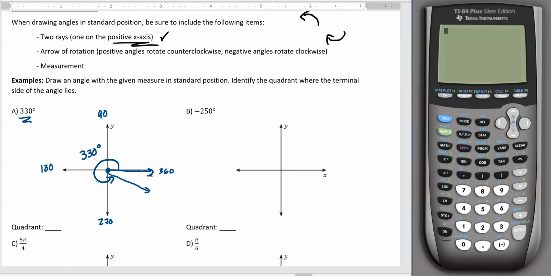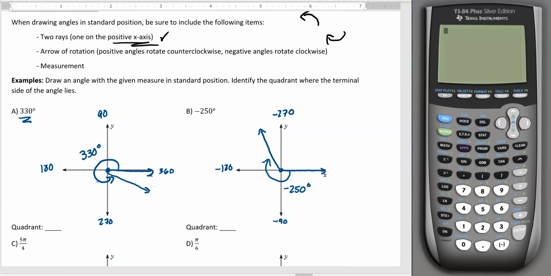So let's look at this one, negative 250. We start on the positive x-axis. This would be negative 90, this would be negative 180 degrees, this would be negative 270 degrees. So negative 250 is going to be just short of negative 270 degrees. Since this is negative, it's rotating clockwise like so. And I would say negative 250 degrees.